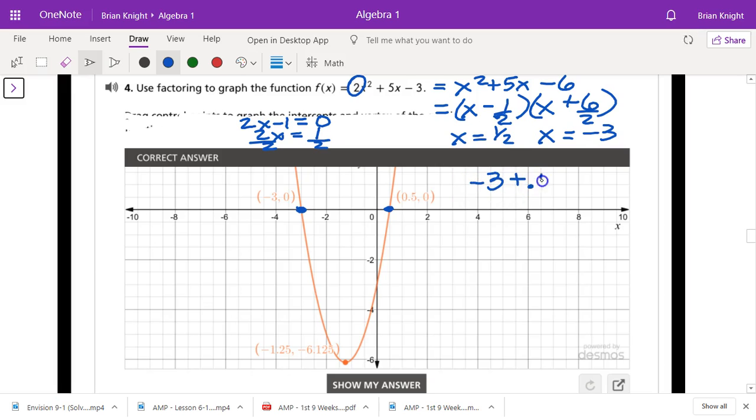Negative 3 plus 0.5 is negative 2.5, divided by 2. You get negative 1.25. You take that, you plug it in, you get negative 6.25, and there is your vertex. Okay? Your minimum in this case. Could it be a maximum? Absolutely. Okay? Any questions? Everybody good?